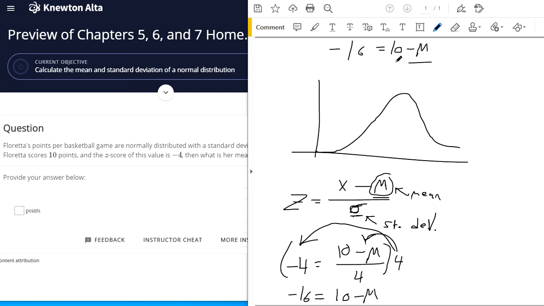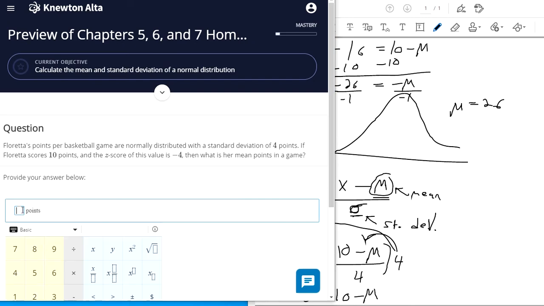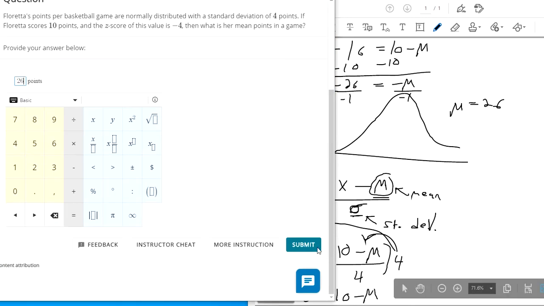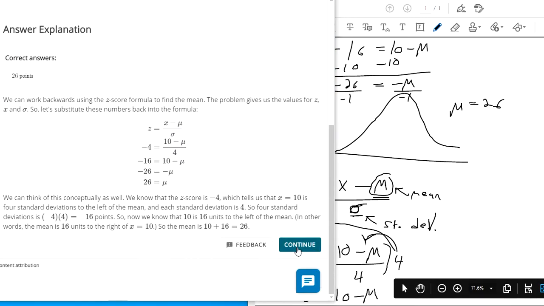Trying to get mu by itself, so subtract 10 from both sides. So we get -26 equals negative mu. Negative sign still there. And then to get rid of a negative sign, you could divide both sides by -1. So mu is 26. So it's really about plugging in the numbers into that z-score formula and then solving.